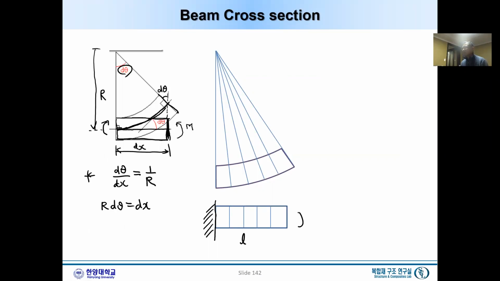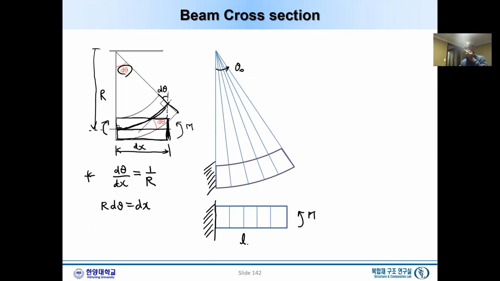So let's say we apply the moment M, and then the cross section will rotate, and here the rotational angle I will call theta 0.